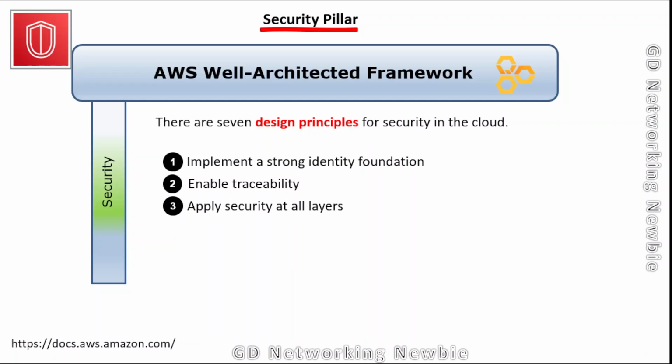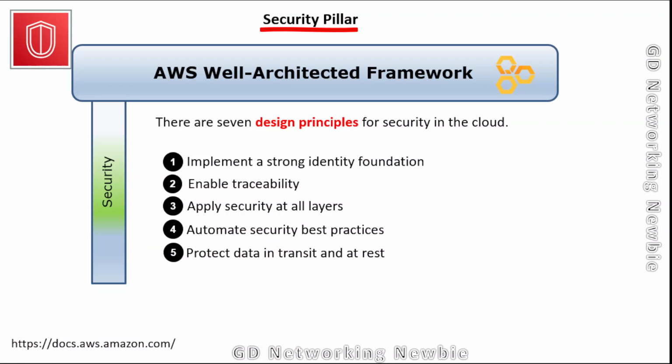Third is apply security at all layers. Fourth is automate security best practices. Fifth one is protect data in transit and at rest. Sixth one is keep people away from data. And seventh one is to prepare for security events. So these are the design principles covered by the security pillar.